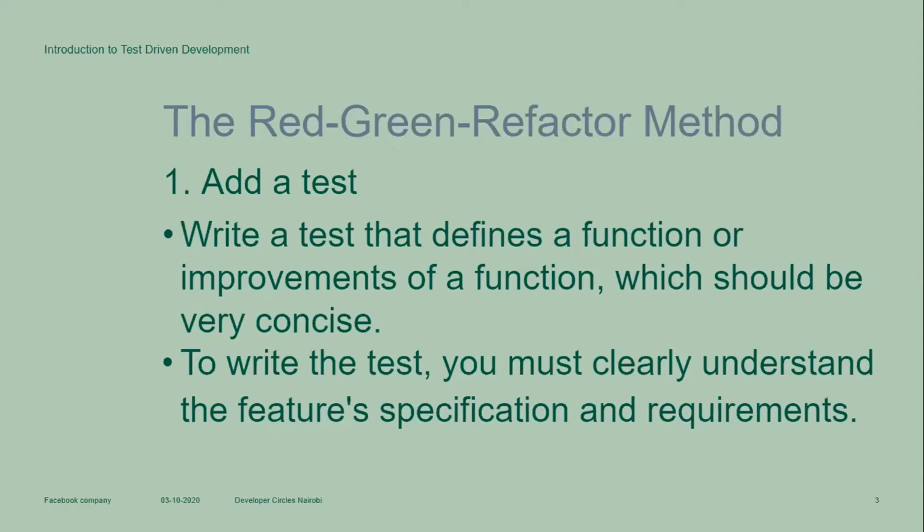So basically, it means that you should have sat down and really thought about the whole feature or functionality that you want to implement, and put it down in code. You want to sketch the functionality in the code.